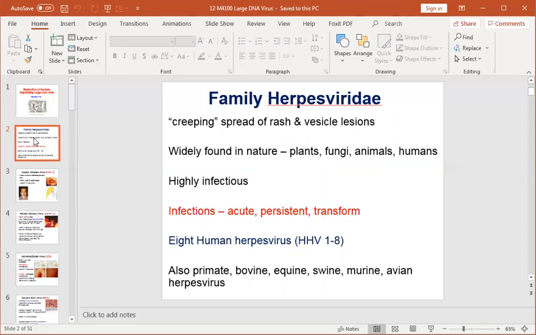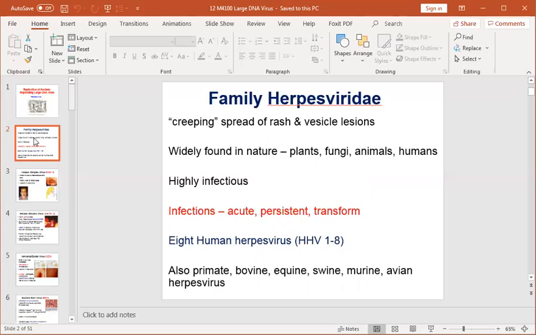Herpes is creeping spread of rash and vesicle lesions. Herpesviridae, a family of viruses, can be widely found in nature. They can infect plants, fungi, animals, and humans. Therefore, they have a wide host range.